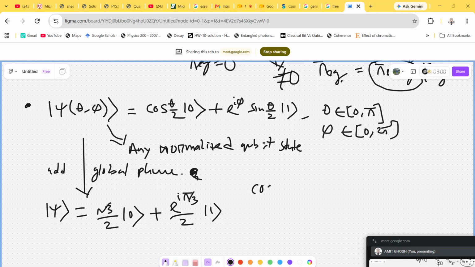Cos theta by 2 equals root 3 by 2, right? So theta is how much? Pi by 3. And phi also equals pi by 3.